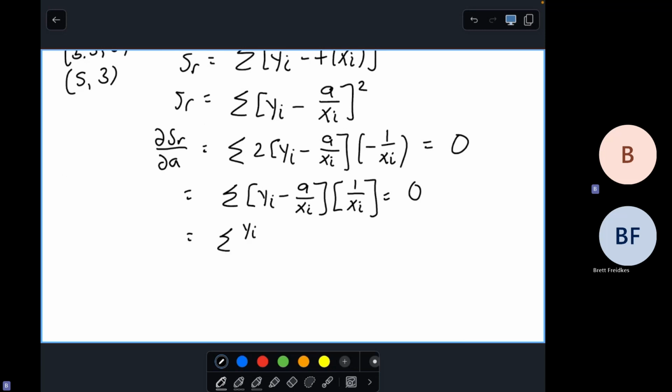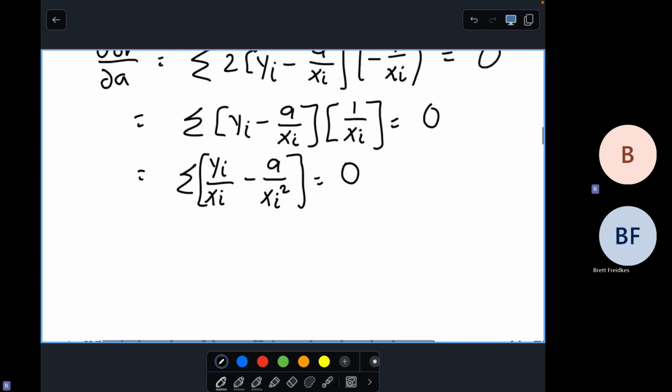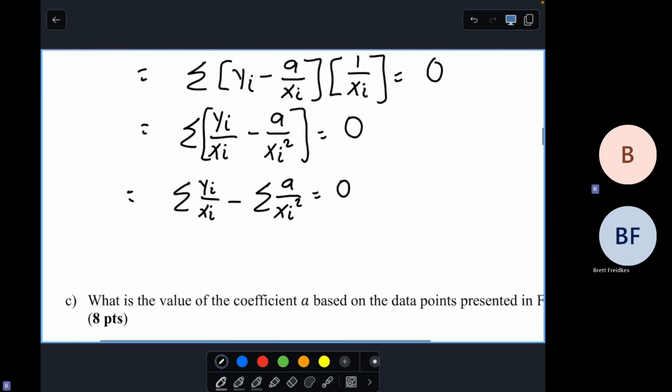This will be yi over xi minus a over xi squared. That whole thing is equal to 0. Now what I want to do is separate the series out. This is the summation of yi over xi minus the summation of a over xi squared. And now I can go ahead and solve for a.